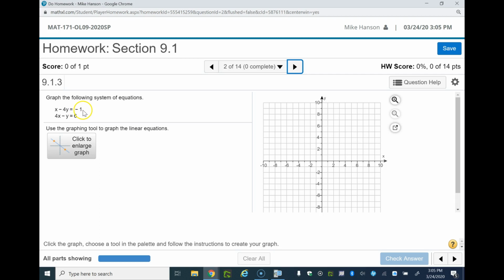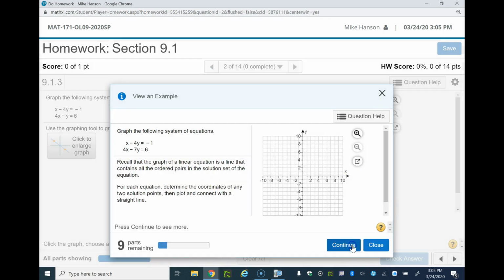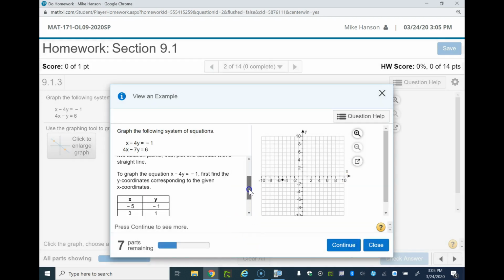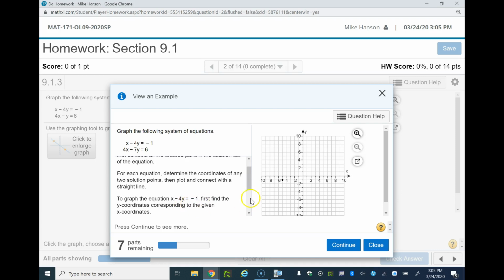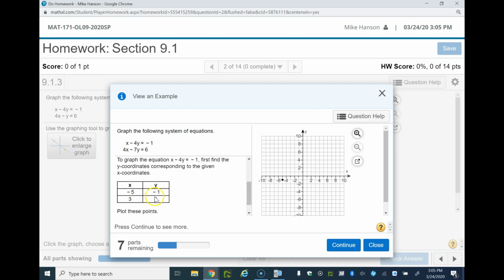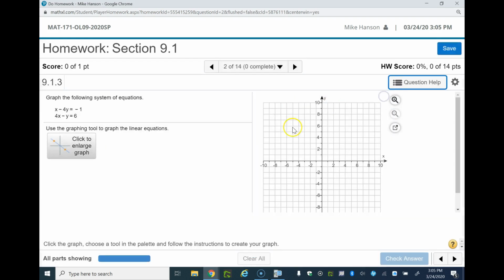The best way to start these problems, I know the viewing example tells you to choose some points. So you take the first equation and choose some points, but you can actually just use your calculator. The best way is to make sure you get y by itself for both equations.